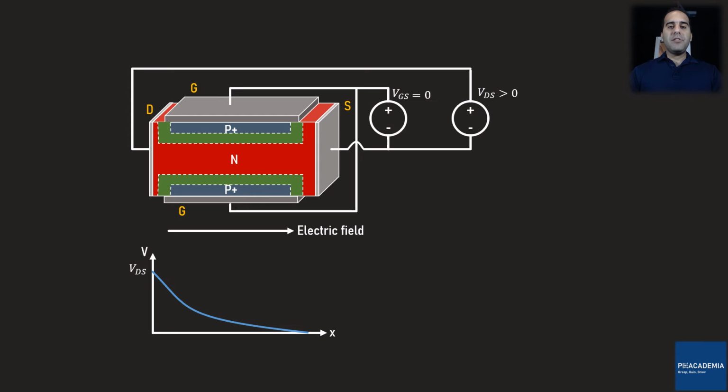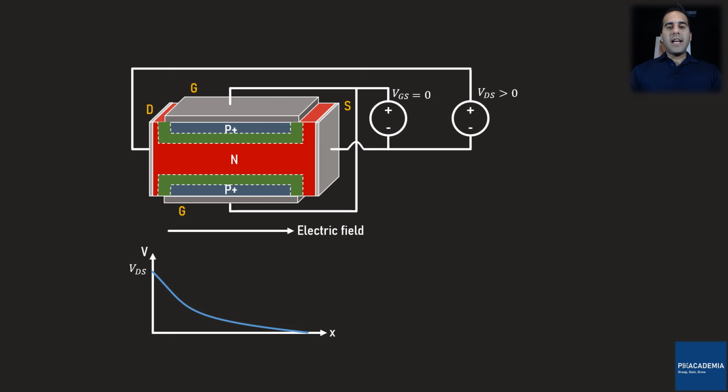At the same time, there is another phenomenon taking place. Since P+ semiconductors have 0 electrical potential and the drain has positive potential, the PN junctions on the top and bottom of the device are reversely biased. If you remember the lecture on the PN junction reverse bias, you already know that under the reverse bias, the depletion region expands by increased reverse voltage.